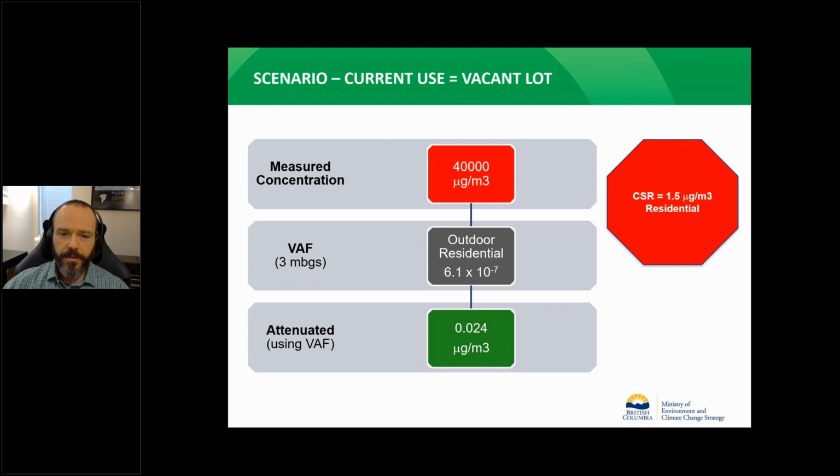However, this concentration is measured at 4 meters below ground surface, and there are no precluding conditions for applying a vapor attenuation factor, or VAF, so we can calculate predicted breathing zone air using an appropriate VAF. To do so, we need to choose an appropriate VAF from Table 1 of Protocol 22 for outdoor exposure with sample depth at 4 meters.